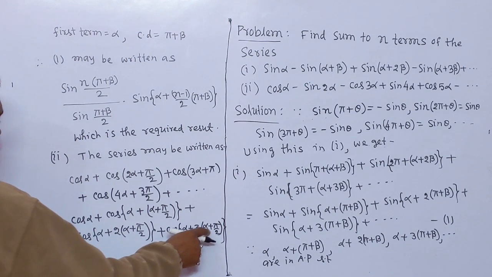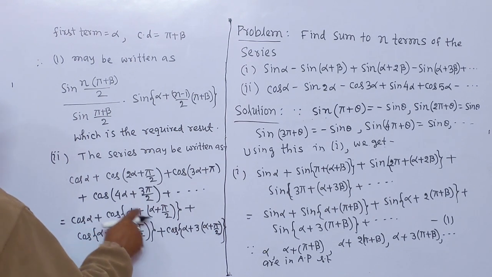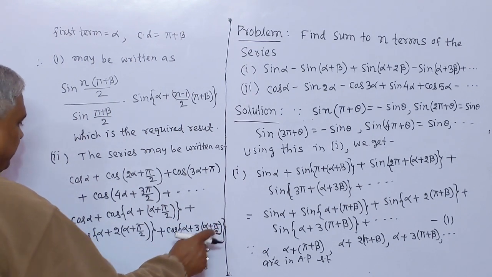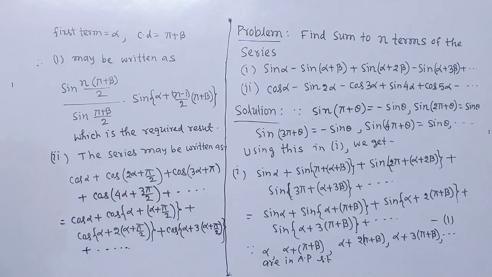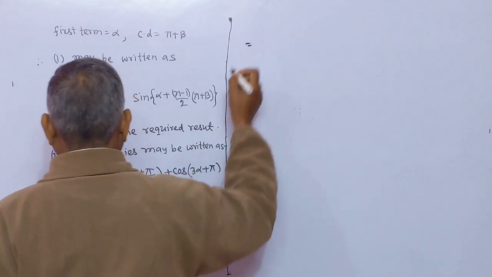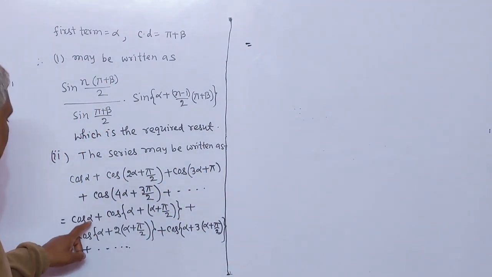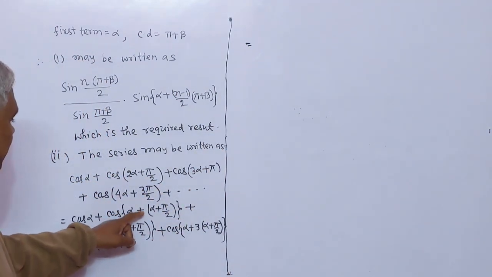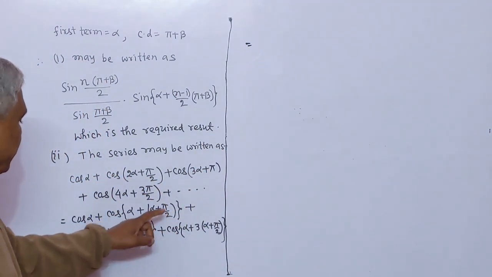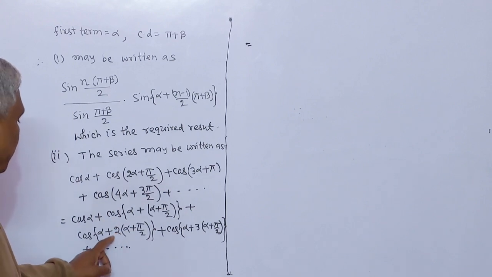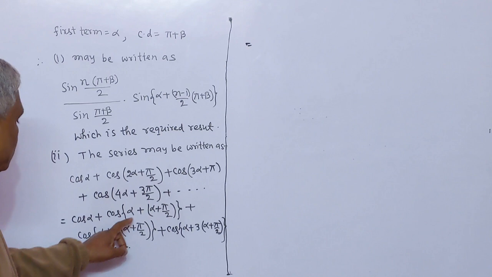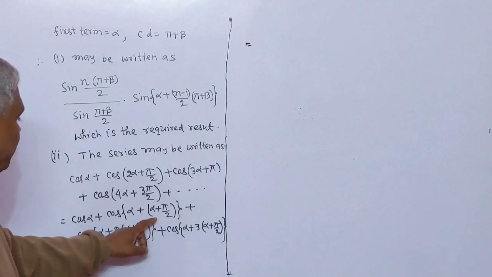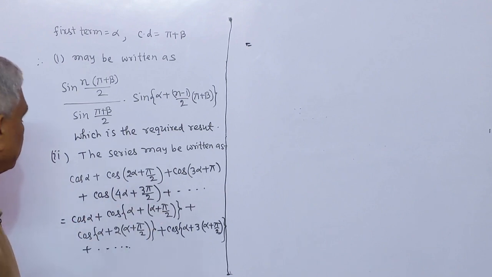This is alpha plus 3 alpha is 4 alpha, and here 3 pi by 2 plus dot dot dot dot equal to here alpha plus pi by 2, here alpha plus 2 alpha plus pi by 2, here common difference of angles be alpha plus pi by 2.